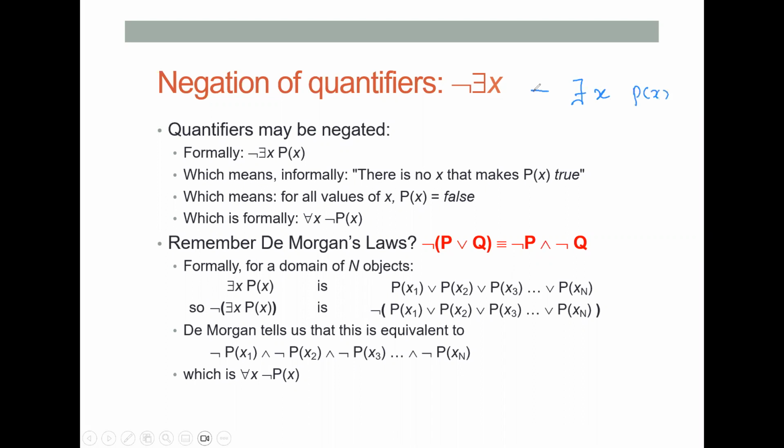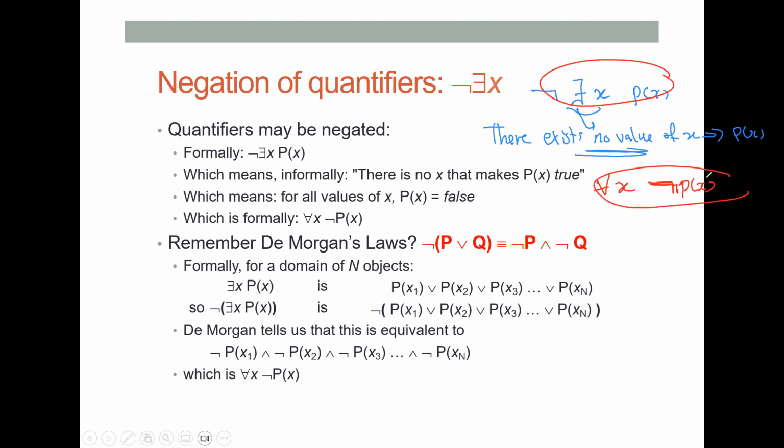So if there is a negation before it, it would be read as there exists no value of x where p of x is true. So English-wise, we can rewrite it as there exists no x, which means that for all x, p of x cannot be true, so I'm going to negate p of x.